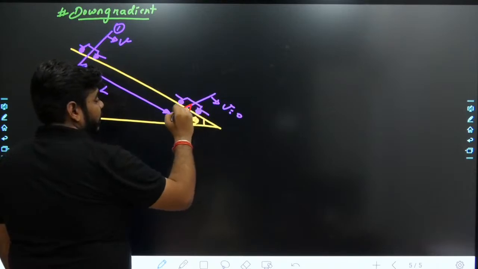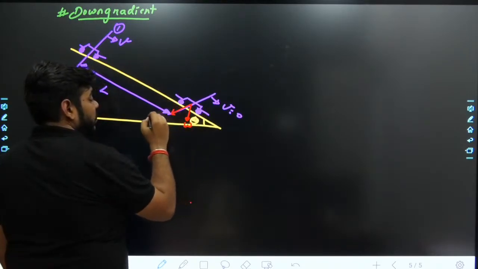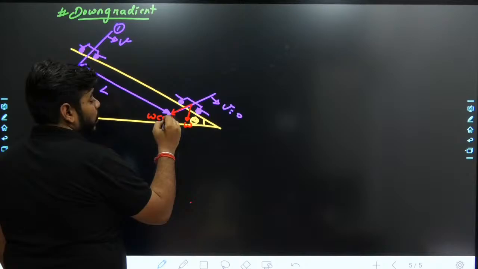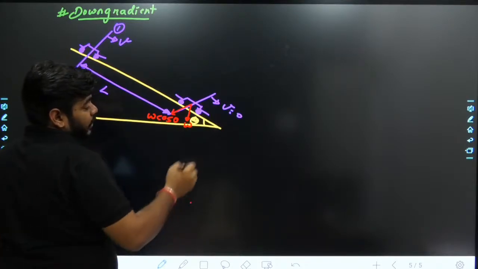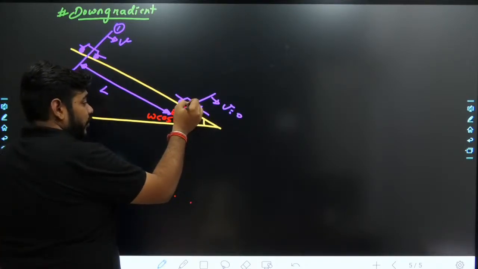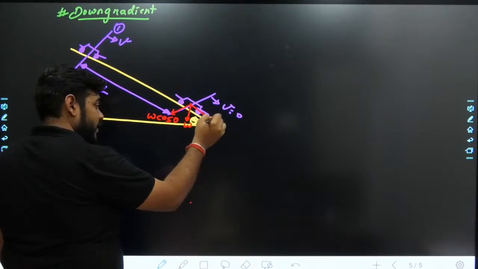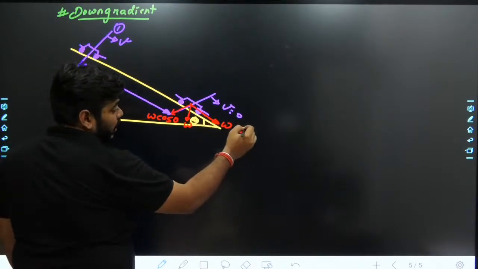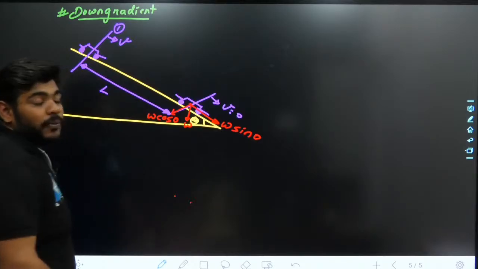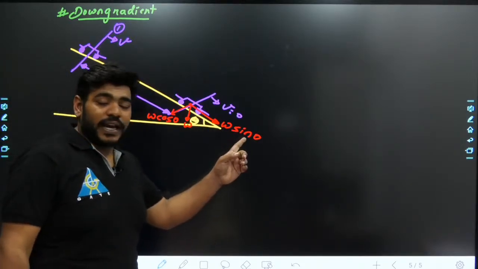The component of weight is given as W cos theta here. The component of weight along the surface is given as W sin theta. Fine.